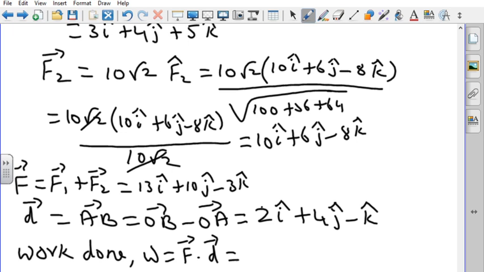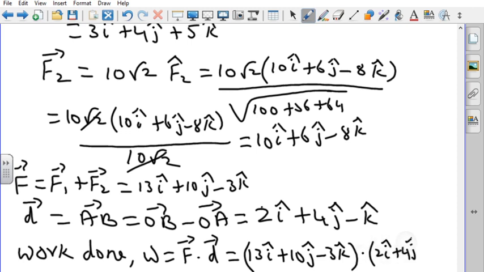F vector is 13i cap plus 10j cap minus 3k cap, dot 2i cap plus 4j cap minus k cap. Taking the dot product, it is equal to 13 into 2 is 26 plus 10 into 4 is 40 minus 3 into minus 1 is plus 3. So finally we get work done as 69 units.